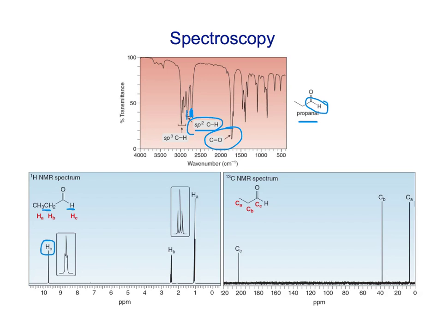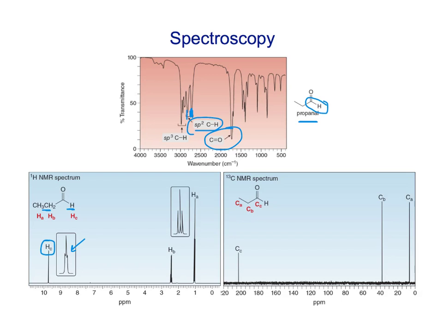So here, it's kind of a small coupling, but that looks kind of like a triplet. And that's because there's a CH2 group on the adjacent carbon. If we had that aldehyde and there was only a CH next to it, then it would be a doublet.